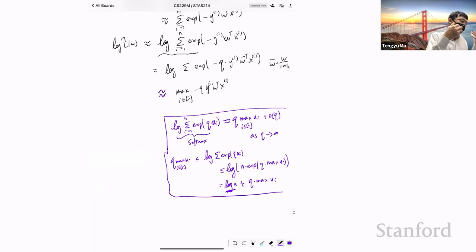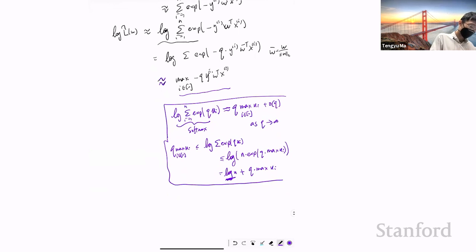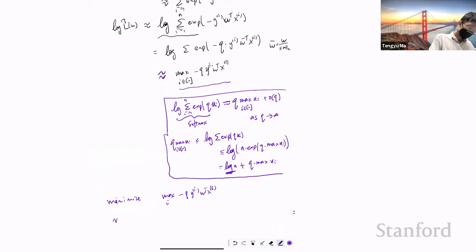Minimizing the loss means you are trying to minimize the quantity max of minus Q yi W bar transpose xi, which is the same as maximizing the min of Q yi W bar transpose xi. You just flip the sign.